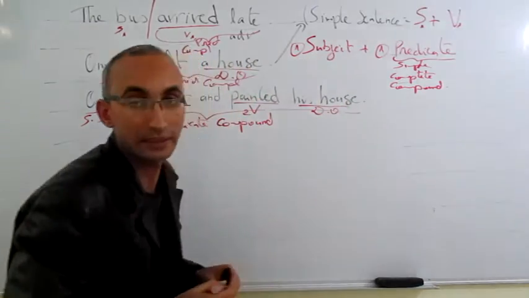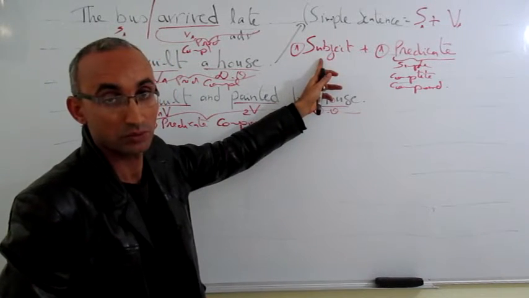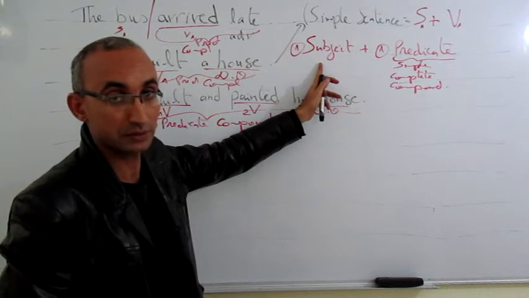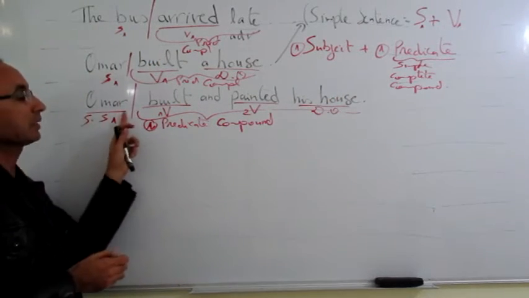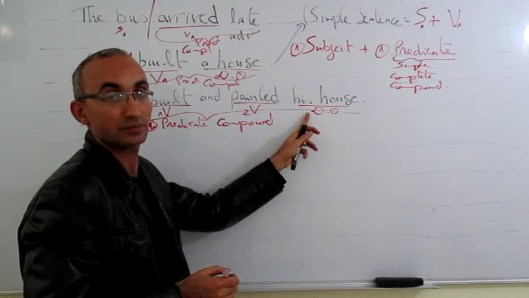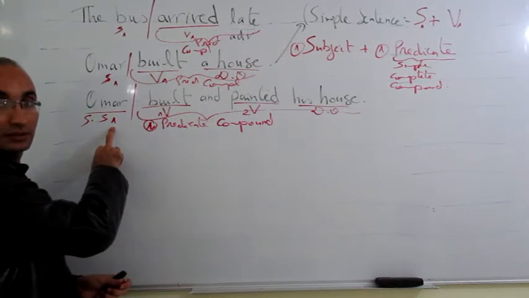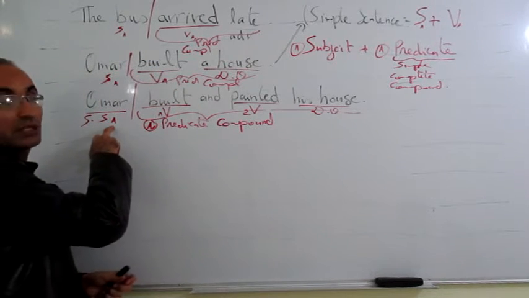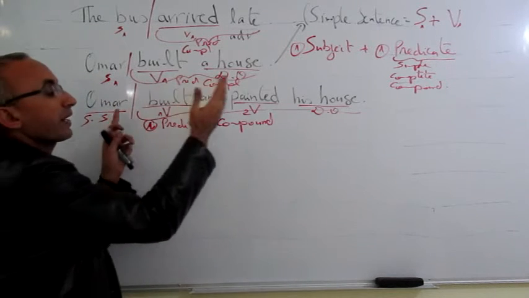Clear? Here also, the subject can be simple or complete or compound. For example, I write here, Omar and Ahmed built and painted the house. So I should have always one subject with any type it has, and I have one predicate.